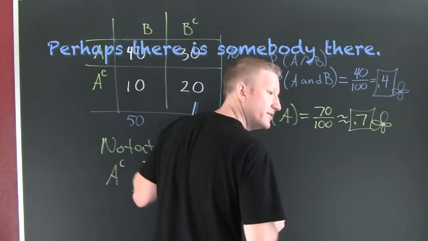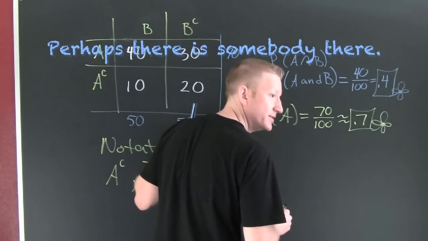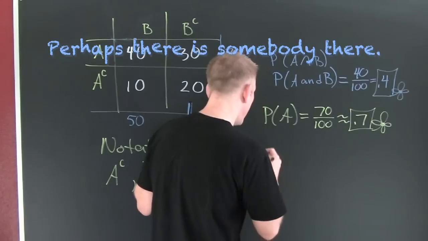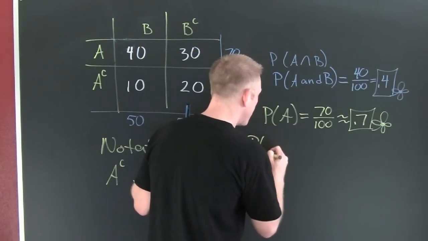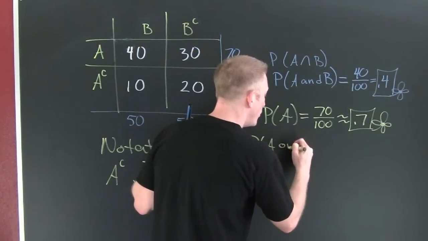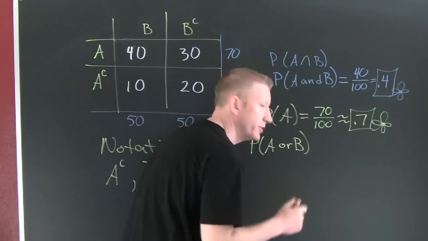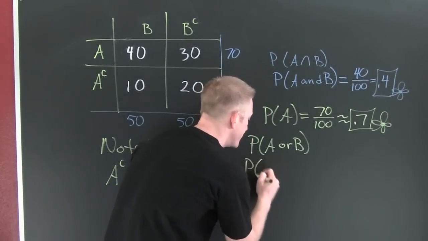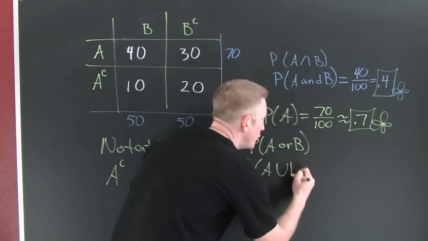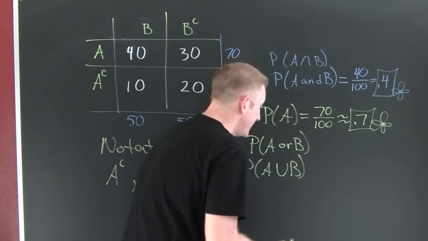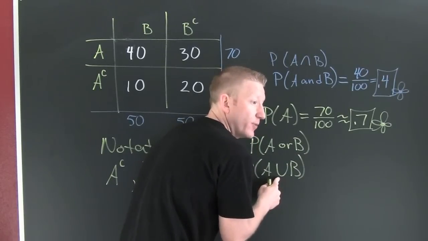But wait, there's more. What if I wanted to find OR? I'm talking about the probability of A or B. Some books will use the probability of A union B. That's another way to write OR.